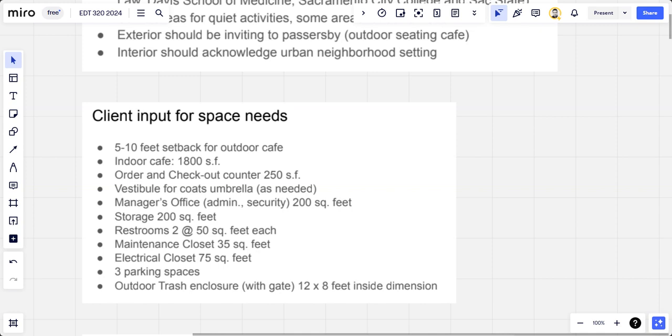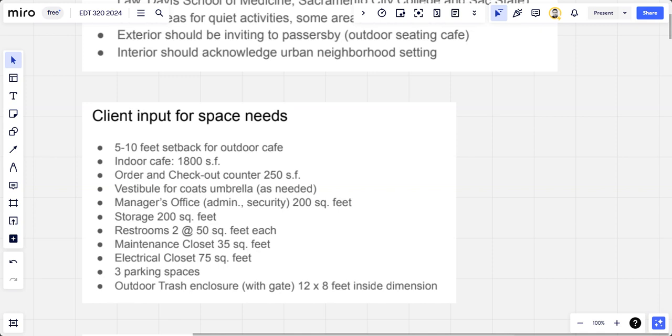The manager's office that will house the manager, administration, and security devices will be about 200 square feet. Then there should be a storage room that's 20 square feet also. There should be two restrooms, and each restroom is 50 square feet.